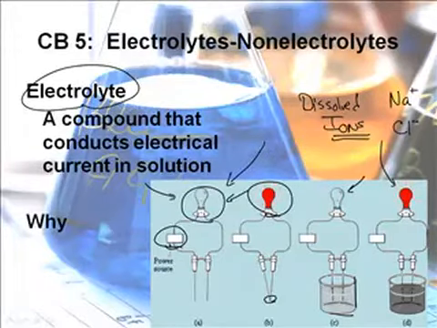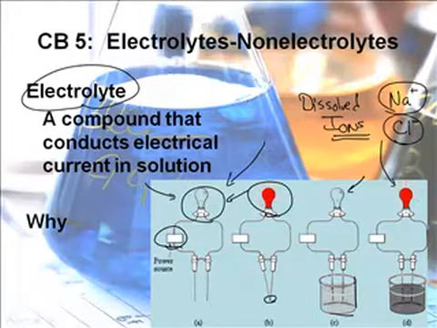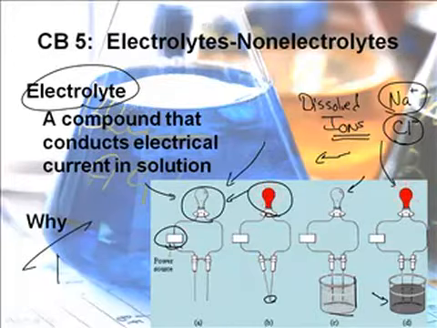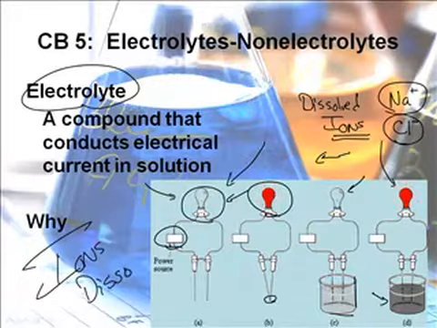If you recall the picture from the last podcast where the sodiums were surrounded by the water and the chlorides, when you have an ion with a charge floating around in the solution, it will conduct electrical current. Now, when things dissolve, they don't always make ions. They do sometimes and sometimes not.